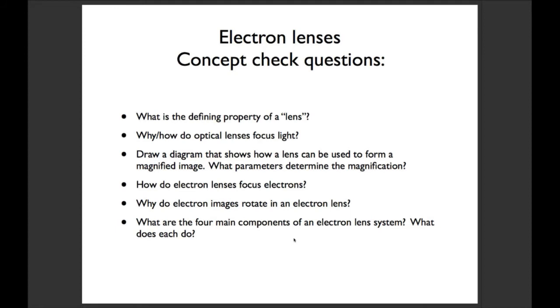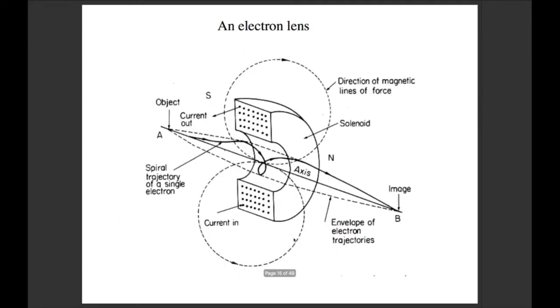Why do electron images rotate? I don't know if this is something Ed or Yangzi or Micah might know, but why do electron images rotate in an electron lens? If you look at the diagram earlier, your electron actually turns around when it goes through the lens.